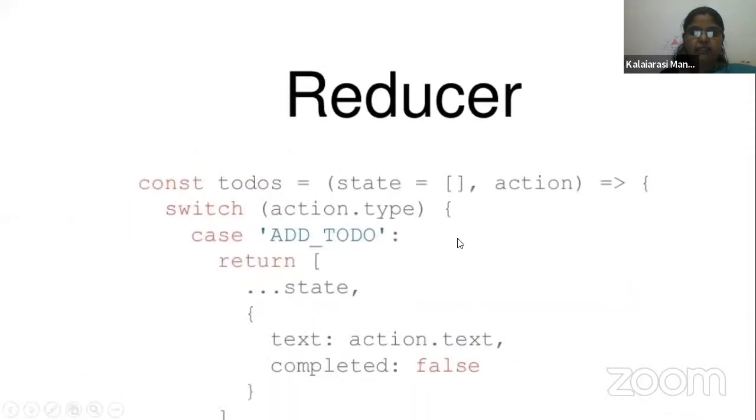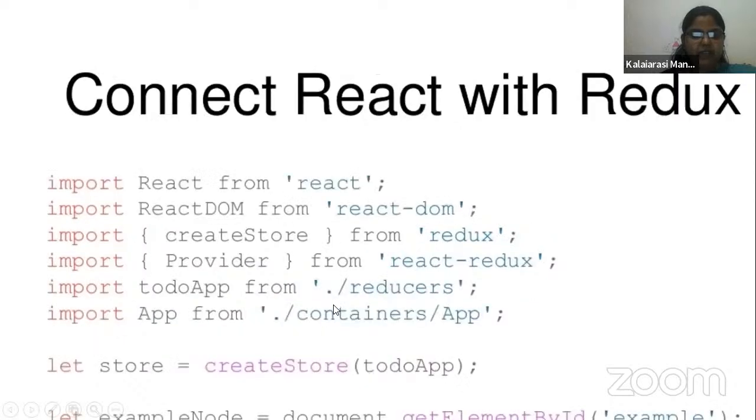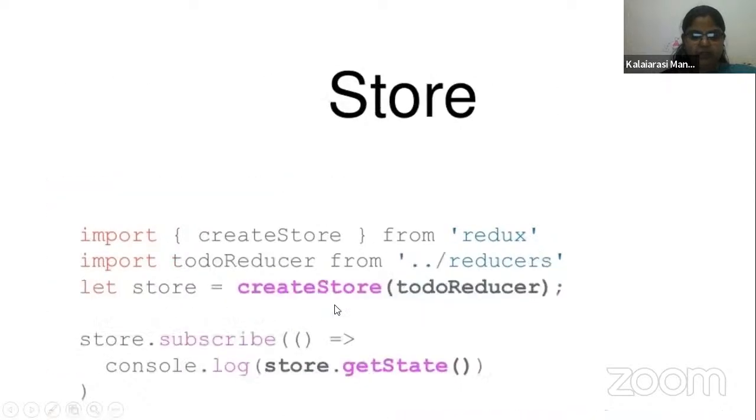Now once it accepts, the final part is to create your store. You can create your store in this manner with subscribe as well as with the help of providers. createStore is taken from Redux itself, and the reducers, whichever you want to name, you should take from the reducers package.